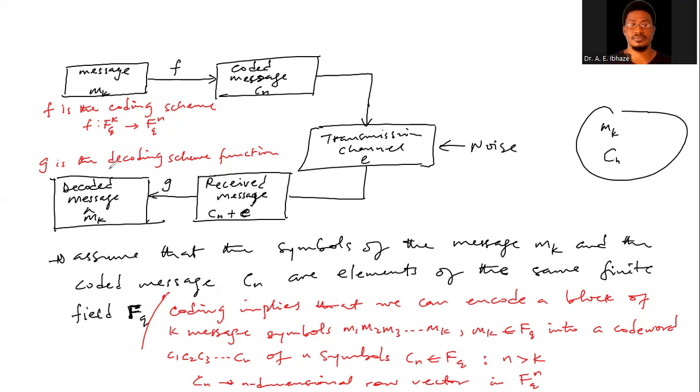Decoding scheme will equally map or demap the finite field F cardinal Q of length N to F cardinal Q length K. So we can recover the symbol, okay? So it means that at the point of decoding what was encoded, we can now remove the redundant bits, extract the redundant bits to get the message bit. Is that clear?